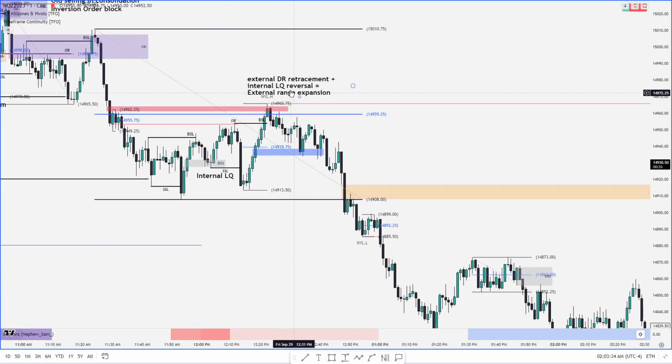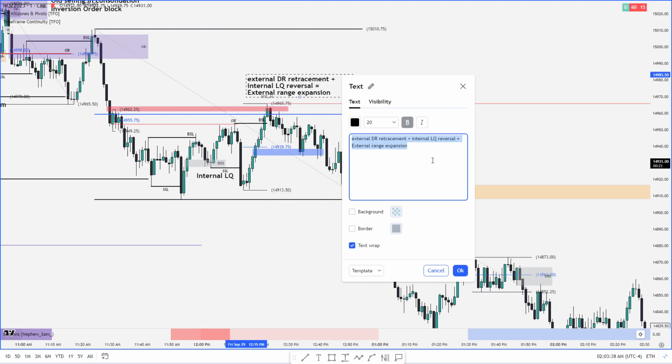So this is the equation for market maker buy models and sell models. This equals market maker X model, because you want to expect SD, so standard deviation expansion away from opposite liquidity.